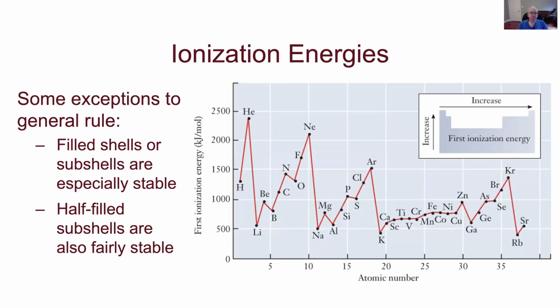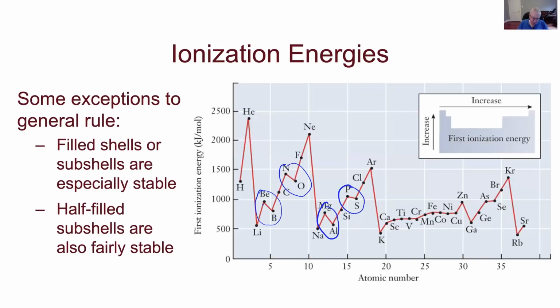There are a couple of places where there are some regularly occurring exceptions here, right? If you look here and here, you see some places where things turn downward, okay? This is rationalized usually by saying that if I have a filled subshell or a half-filled subshell, it somehow is a little bit more stable, right? So think about where these happen.